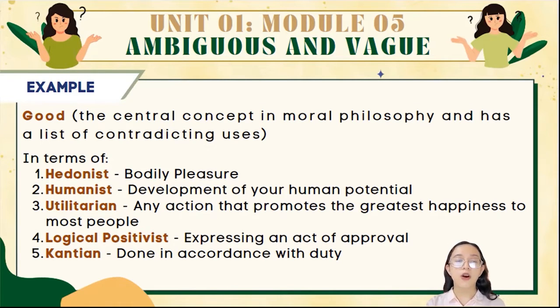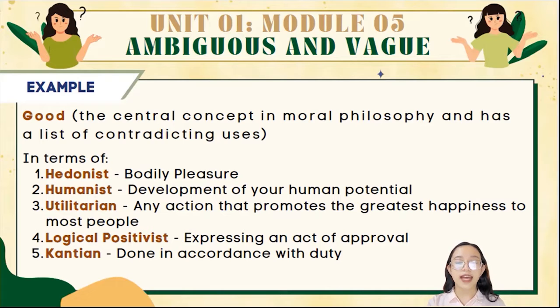From the point of view of hedonists, good means bodily pleasure. For humanists, it means the development of your human potential. For a utilitarian, any action that promotes the greatest happiness to the most number of people is considered good. And for a logical positivist, expressing an action of approval is considered good.